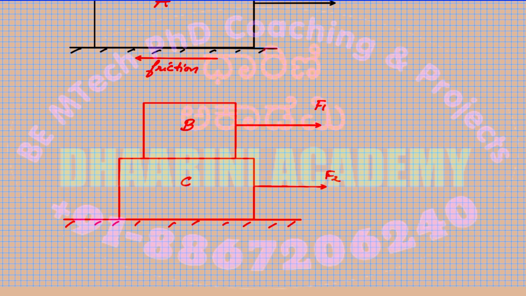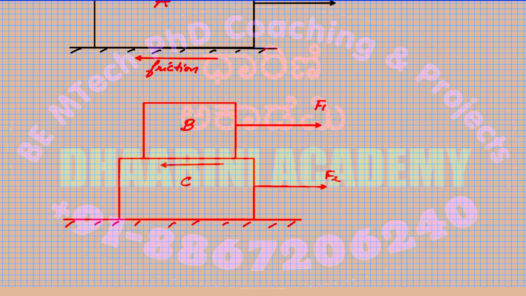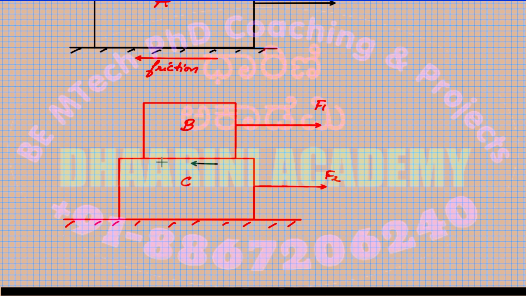In this case, since the bodies are moving right, relative motion is to the right. Their velocities are different. What is the direction of the frictional force? The direction of the frictional force is once again in this direction. This is the friction. And what is the objective of friction now? Not to stop.